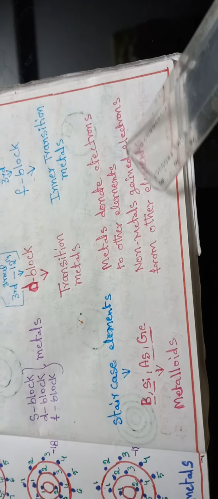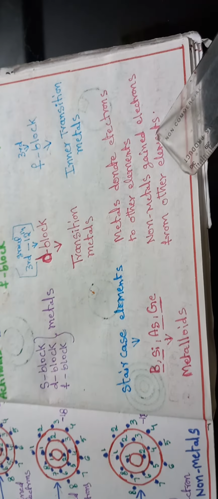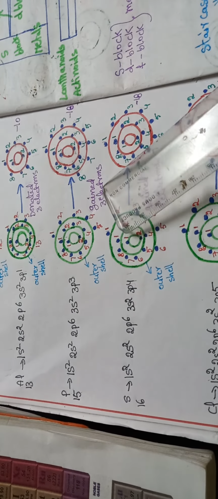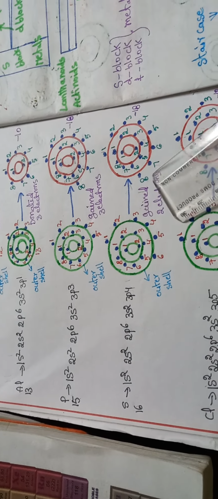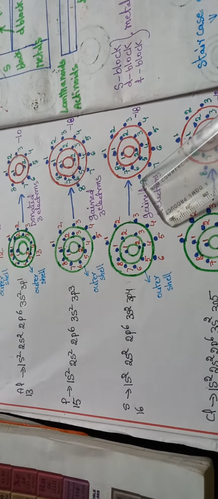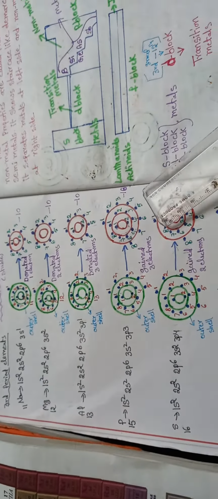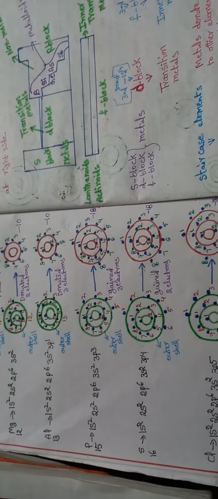Next one, non-metals gain electrons from other elements. So in phosphorus, sulfur, chlorine, the outer shell of the elements gains electrons from other elements and gets 8 electrons in the outer shell for octet position and stability. Okay, so these are about the metals and non-metals.